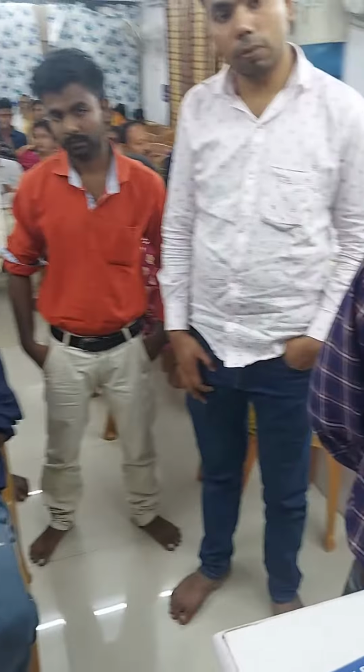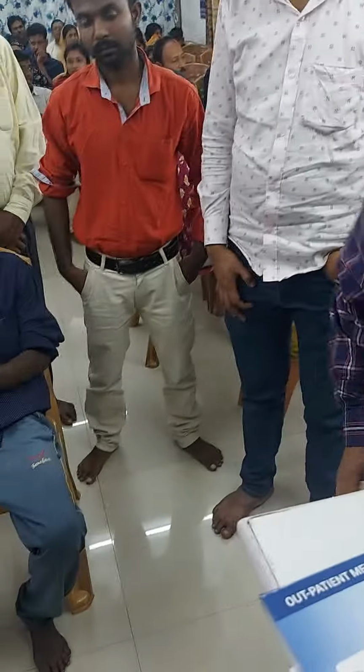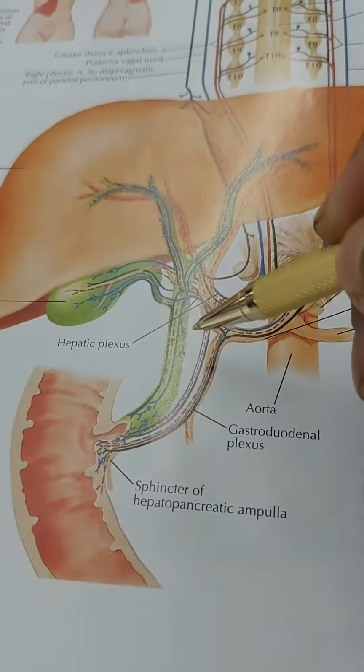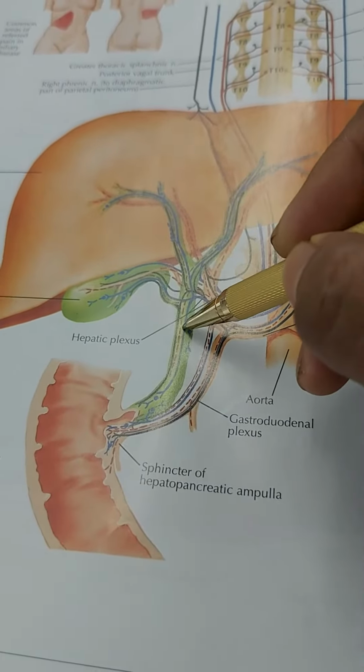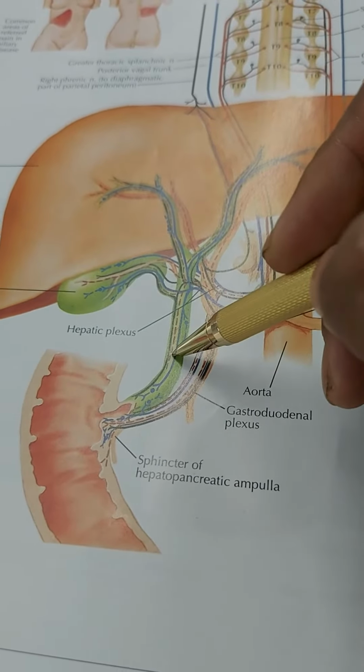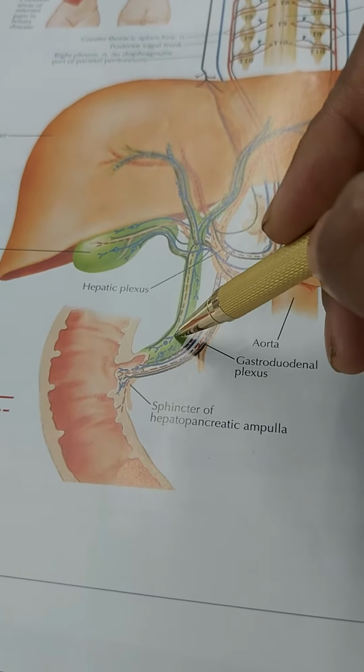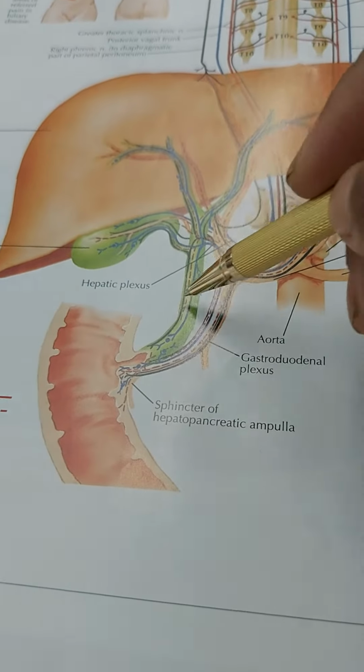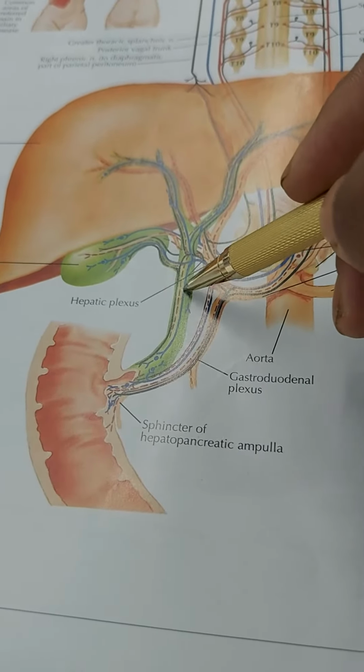It is obstructing at the site of the lesion, where the tumor is formed. The bile is not entering into the common bile duct and not entering into the duodenum. So there is obstruction of the bile.